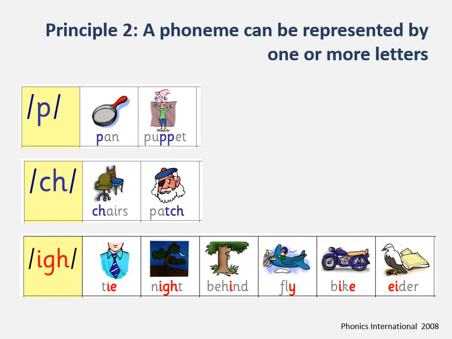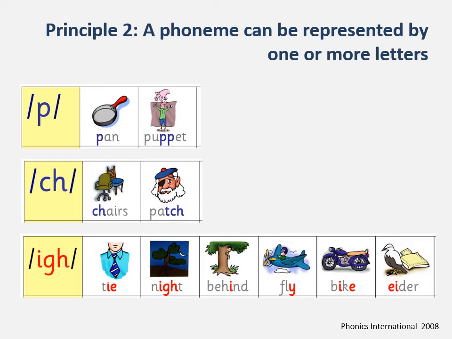But a phoneme can be represented by more than one letter, which is why it gets quite complicated. Because if a phoneme can be represented by more than one letter, a grapheme can have more than one letter in it. So here is an example showing you that we can have a single letter as a grapheme.